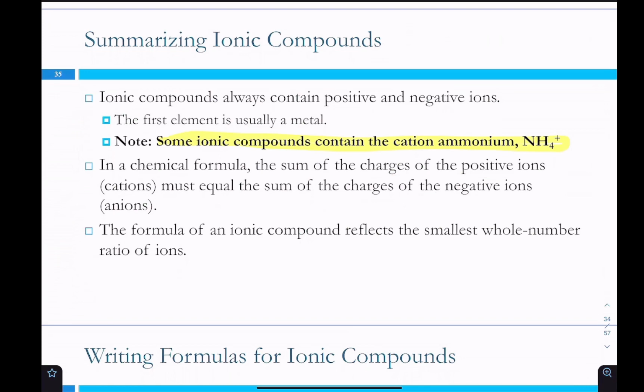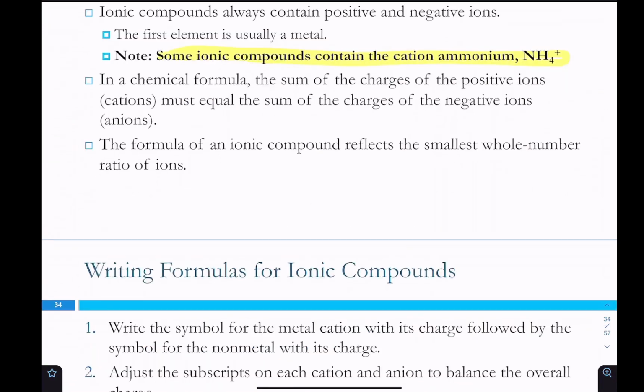And then for ionic compounds, the formula of an ionic compound is a formula unit. So it's really representing the smallest whole number ratio of the ions in that ionic compound. So 1 to 2, 1 to 1, 1 to 3, 2 to 3, that kind of thing. Is this kind of like an empirical formula? What's the smallest ratio? Yeah, you can kind of think of it like an empirical formula.